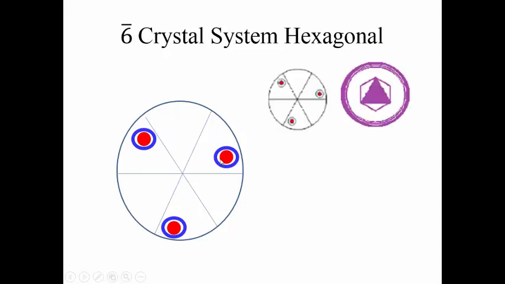So here we have the mirror in the plane, which is indicated by a solid line all around the perimeter, and here we've made it really, really solid, and then here's the symbol for the 6 bar here. So whenever you have the 6 bar, you're going to automatically generate this mirror plane here, and here's the point.